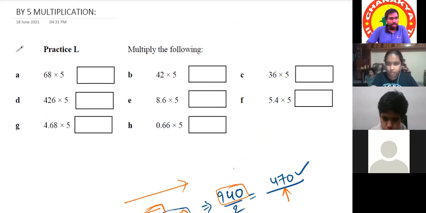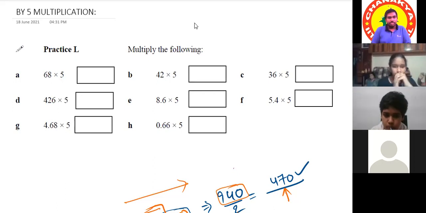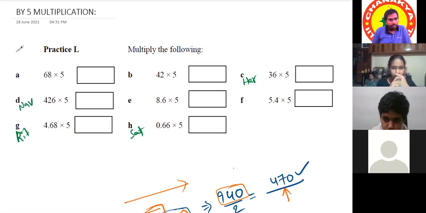You can mute, all of you can mute, whoever wants to speak can unmute. Okay, G Ritvik. H Satvik. C Harshita. C Navya. C already over, Navya. Okay, D. E Navya.